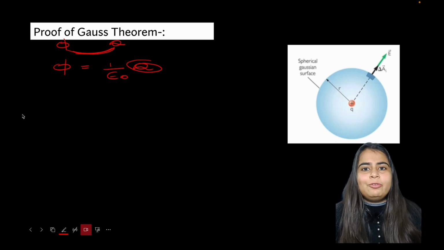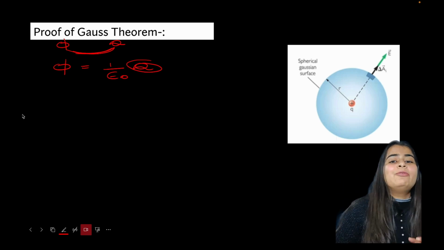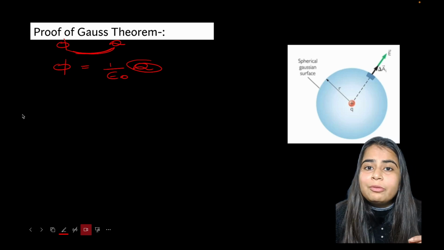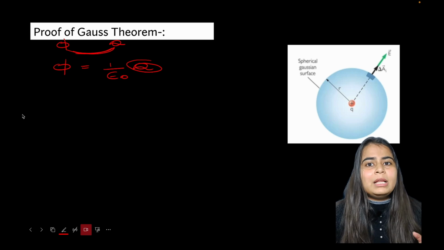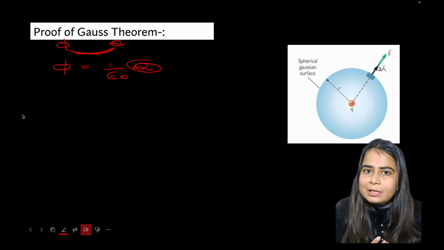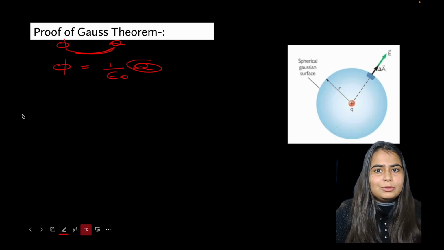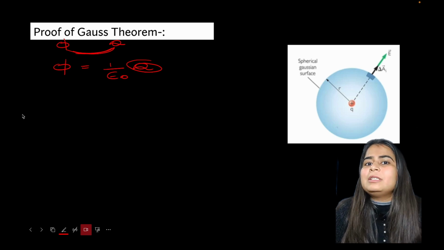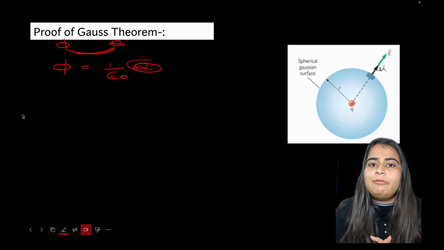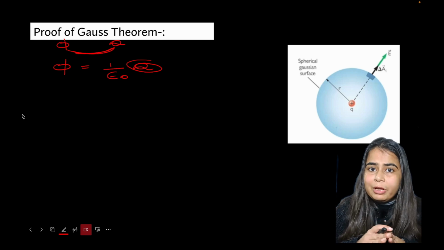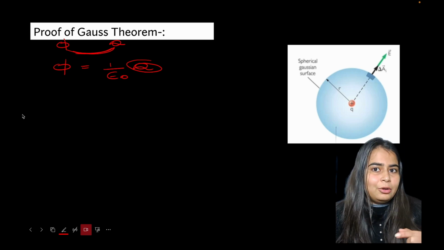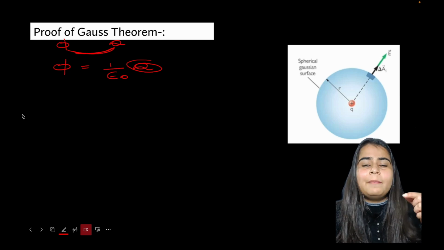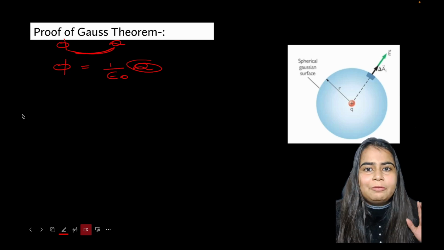Again, there are a few terms which we need to understand before we start with the proof. The first term is the Gaussian surface. What exactly is this Gaussian surface? From the beginning of this video I am saying that we are dealing with the flux associated with a closed surface, and this hypothetical closed surface is called the Gaussian surface.